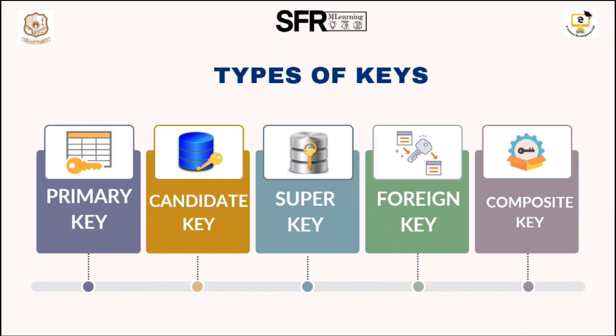Candidate key: it represents a set of attributes that can uniquely identify a tuple in a relation. Next, super key: it is also a set of attributes that can uniquely identify a tuple. Foreign key: it is an attribute in one relation that refers to the primary key of another relation. And the final one is composite key. A composite key is formed by combining 2 or more attributes to uniquely identify a tuple.